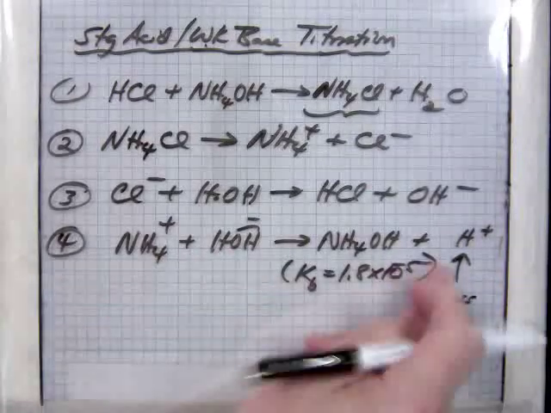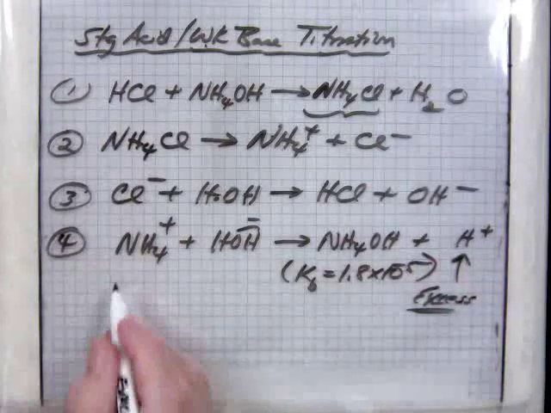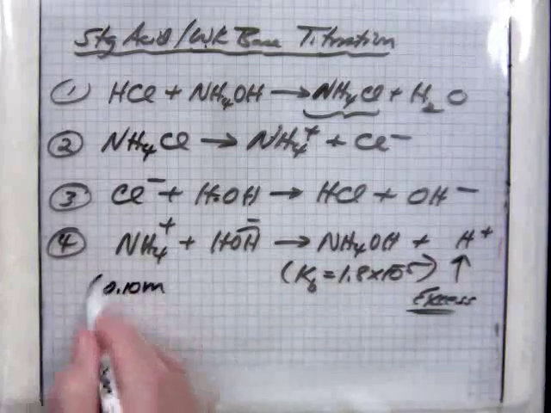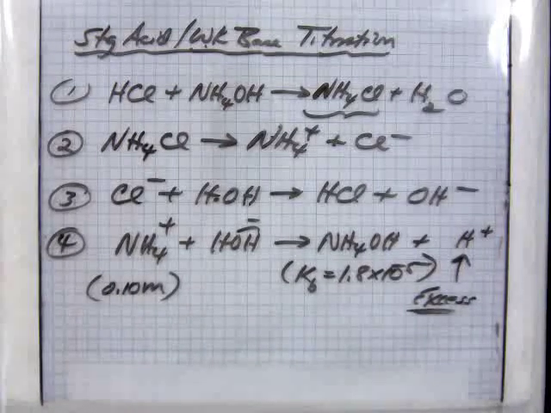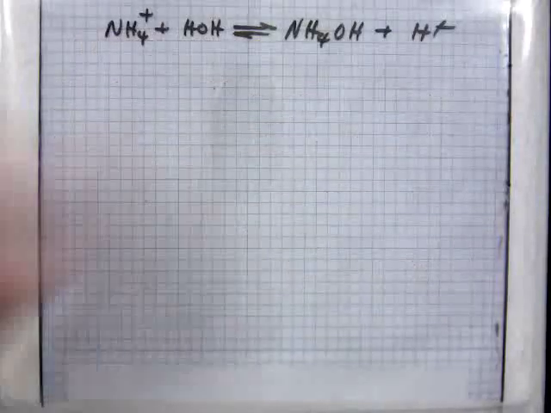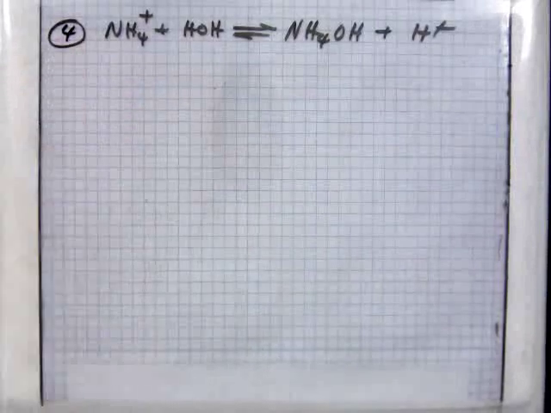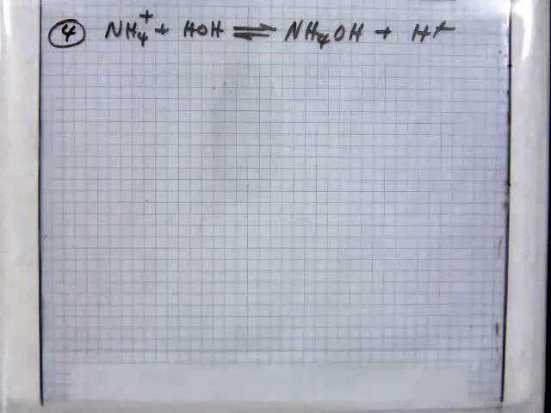Okay, so we can use a 0.10 molar salt generated, which will give you 0.10 molar in the ammonium ion, and then make our calculation from there. Okay, so this is the fourth reaction in that sequence I just outlined for you.